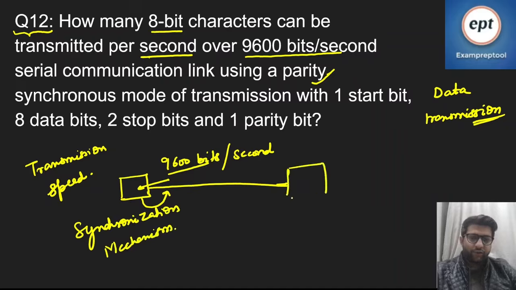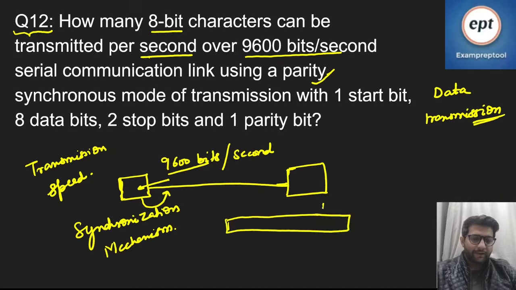Let's say these two interfaces are communicating with each other. Then there should be a mode to synchronize these two interfaces. If this interface starts a message, the receiving interface will need information that the message has started. So in the message format, initially there will be some start bit, to inform the receiving interface that the message has started.